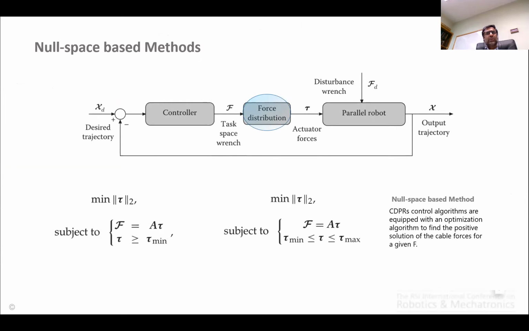Based on this fact, CDPR control algorithms are equipped with an optimization algorithm to find the positive cable forces for a given F.